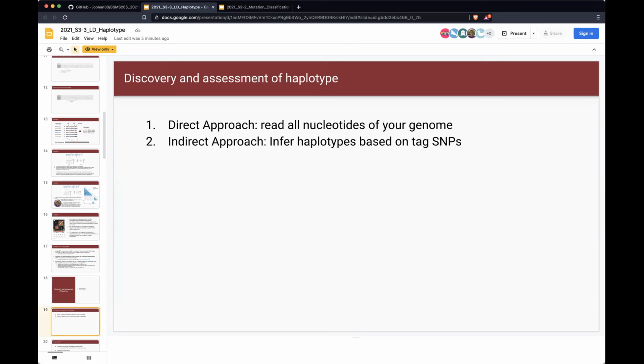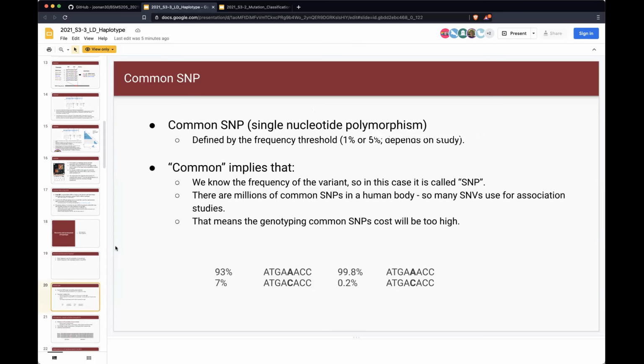So for the indirect approach, the key concept for looking at haplotypes or guessing the haplotype is the common SNP, right? Common SNP means it is commonly present in our population, and it is a type of single nucleotide polymorphism, which we learned in the previous session.